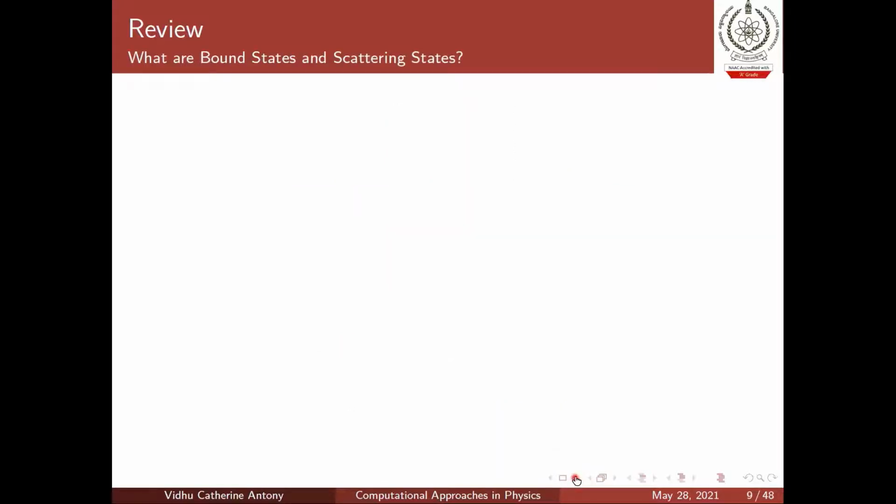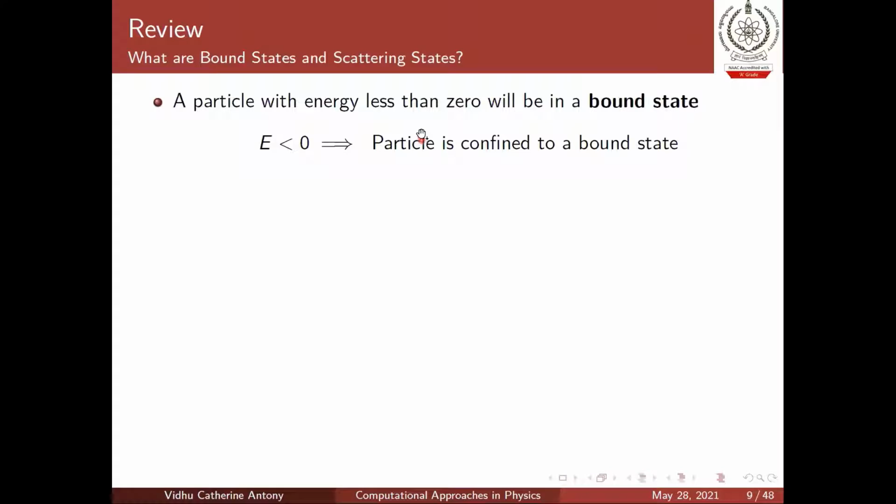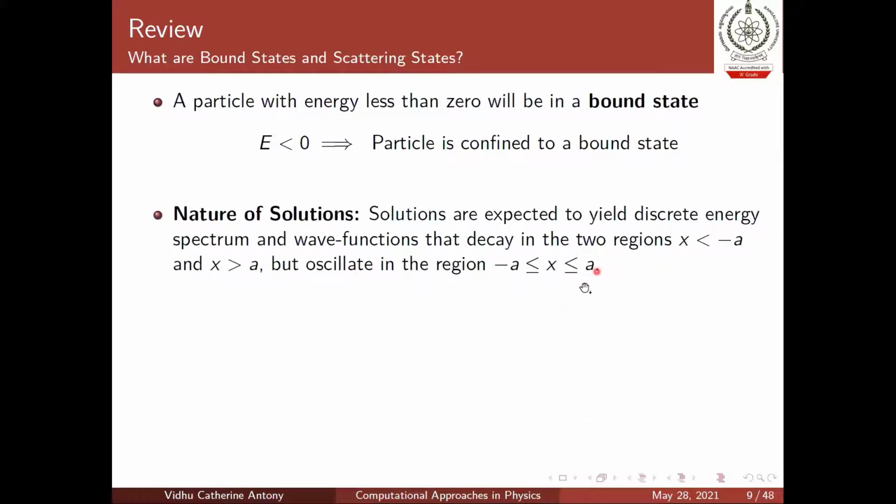Now, what are bound states and scattering states? A particle with energy less than 0 will be in a bound state. So if you have E less than 0, the particle is confined to a bound state. The nature of the solutions is a discrete energy spectrum.